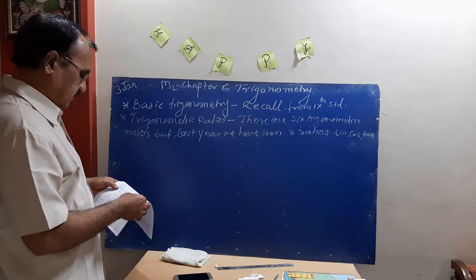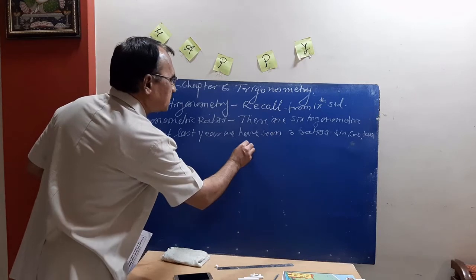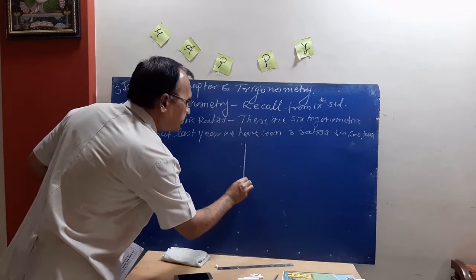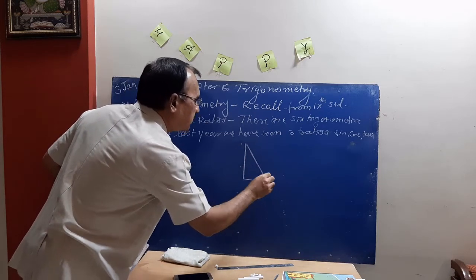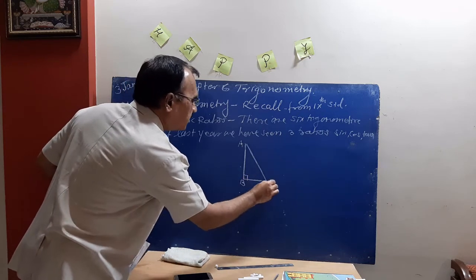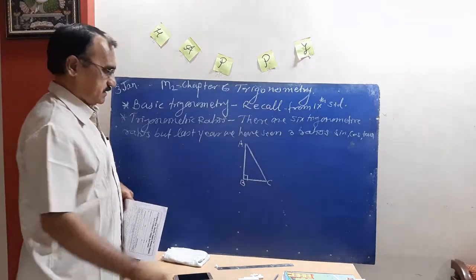For basic concept or basic trigonometric ratios, draw first one right angle triangle. In this right angle triangle, angle B is 90 and angle A and C are the acute angles.